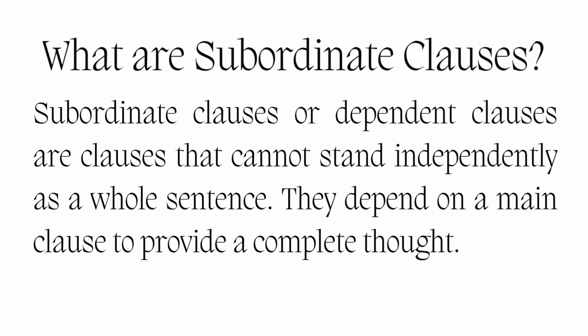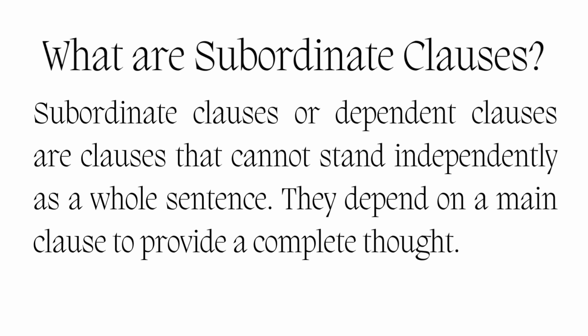Now, subordinate clauses. Subordinate clauses or dependent clauses are clauses that cannot stand independently as a whole sentence. They depend on the main clause to provide a complete thought. What this means is that a subordinate clause is also called dependent clause. Why is it called dependent clause? Of course, it is the opposite of independent, right? While a main clause is independent, a subordinate clause is dependent.